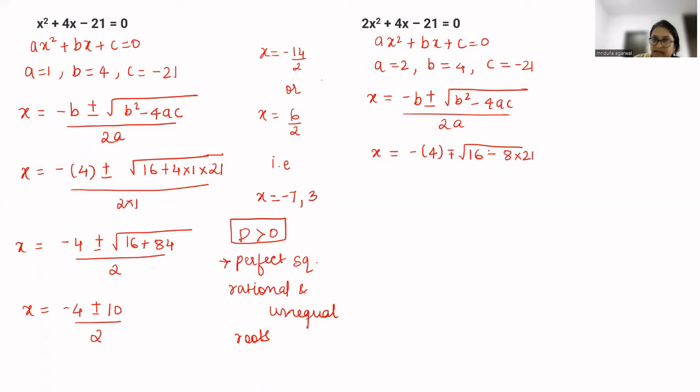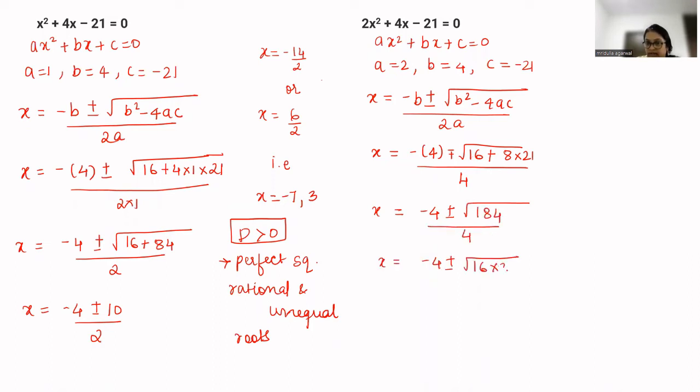So minus minus becomes plus, upon 2a. 2a is what? 2 into 2 is 4. So x is equal to minus 4 plus minus. Here the term is 168. So 16 plus 168 is 184, that is 8 into 23, upon 4.